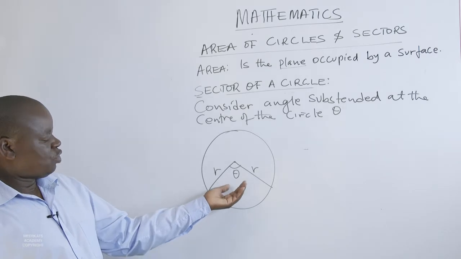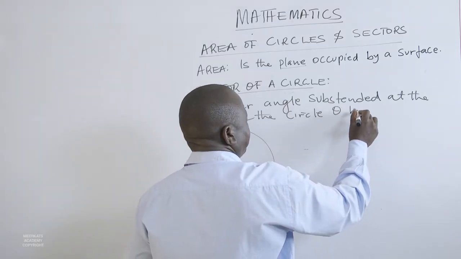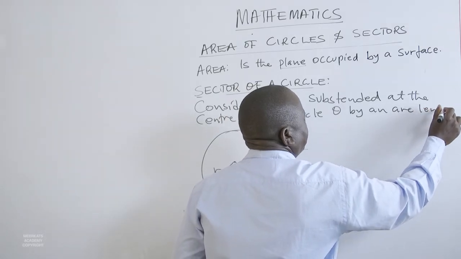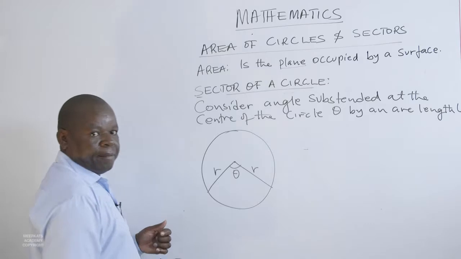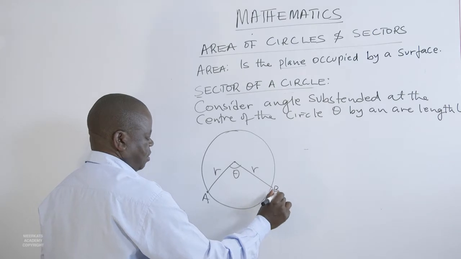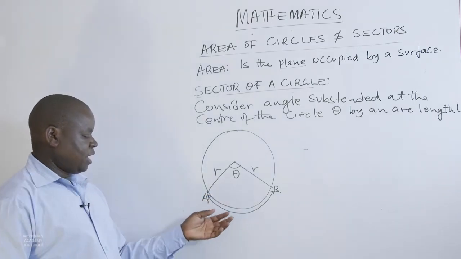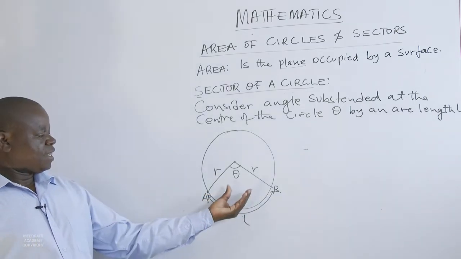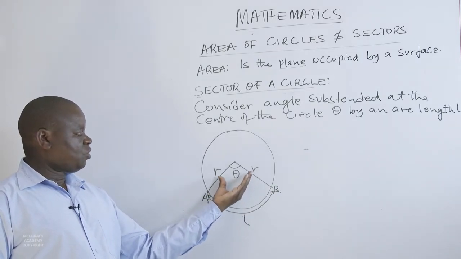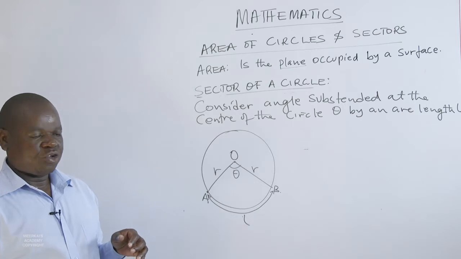Now, class, you can see that we have an angle theta subtended at the center of the circle by an arc length L. If this arc length L subtends this angle, it means the area that it encloses is this particular area, and that area is known as the area of a sector.